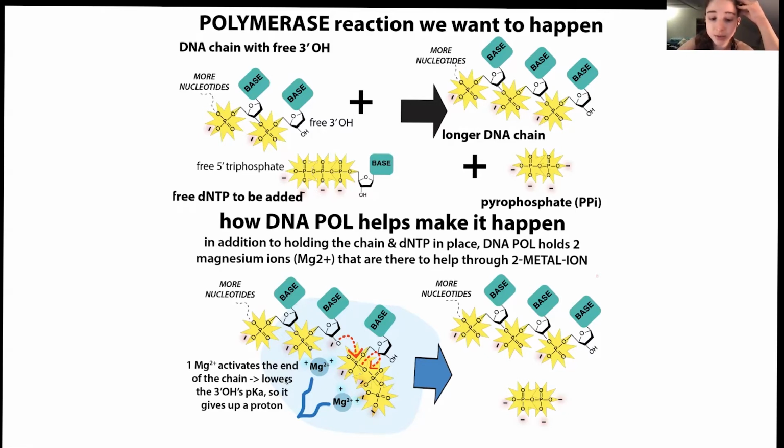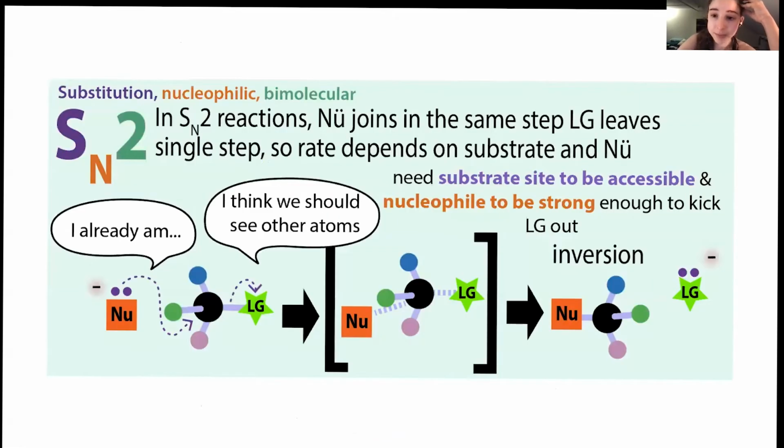How this reaction actually happens is it's an SN2 reaction, a substitution nucleophilic bimolecular. I've talked about substitution reactions in other posts, but basically a nucleophile is going to attack, and then a leaving group leaves.